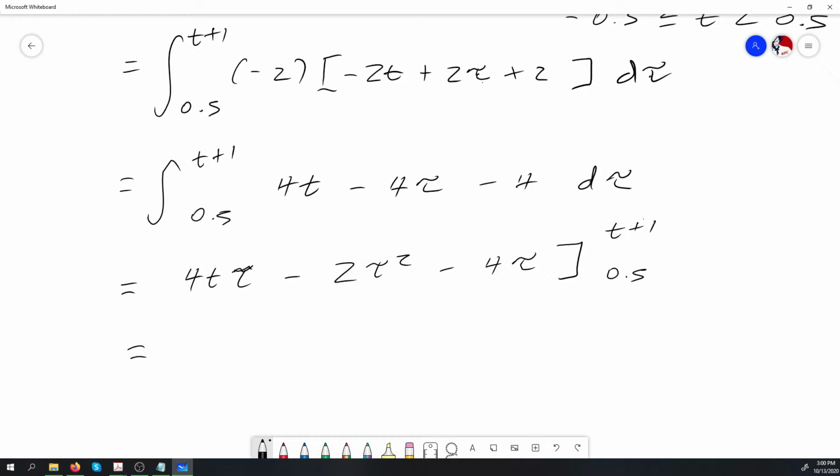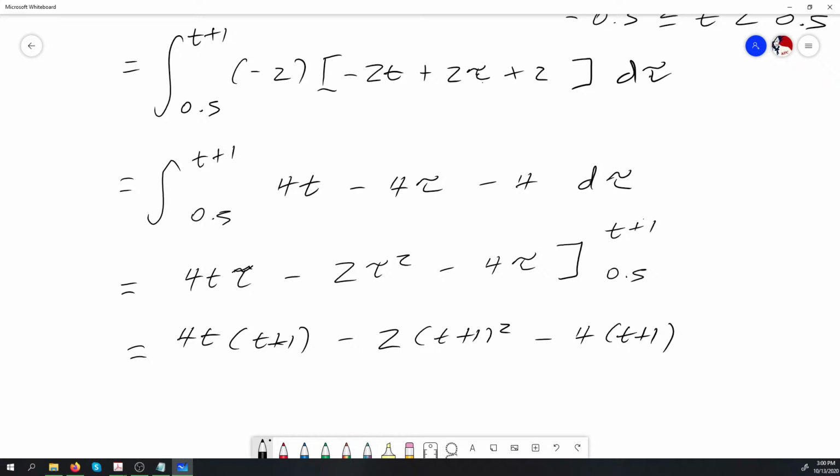And then if we substitute in our values here accordingly, for t plus 1, minus 2 into t plus 1 squared minus 4 into t plus 1.